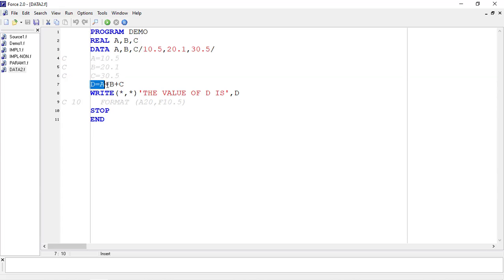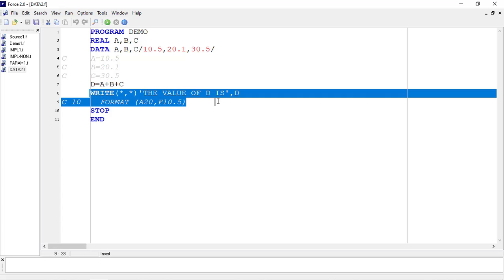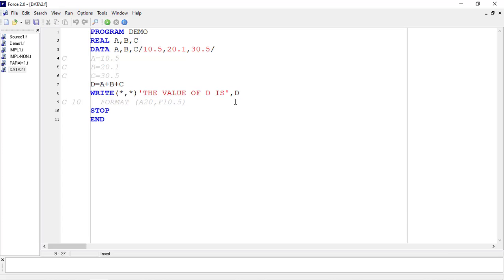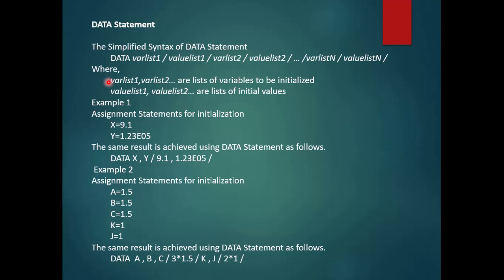Then D equals A plus B plus C. This is the initialization of D by the expression, and we write the write statement so that the value of D can be displayed, and then stop and end. This is how the data statement as well as initialization is possible.